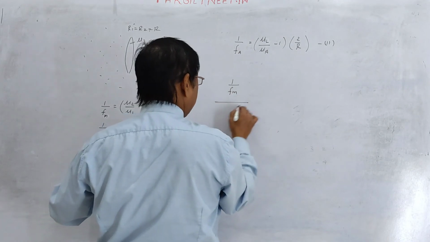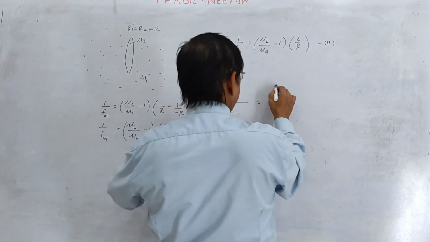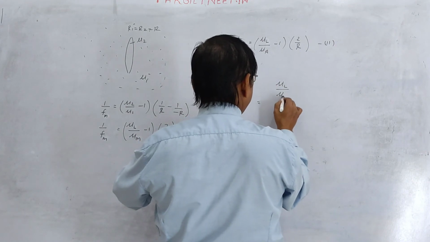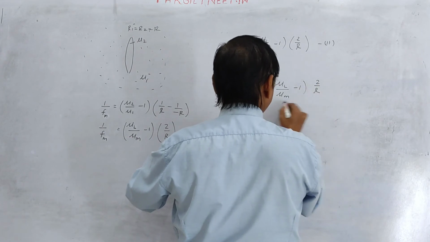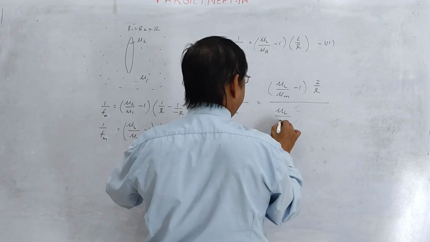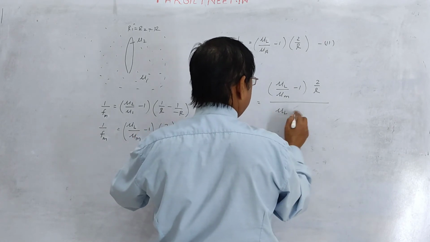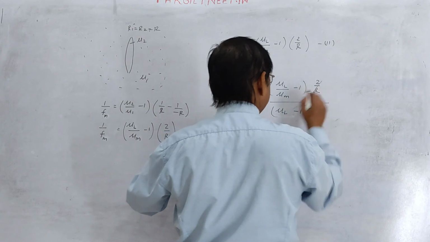So if I divide this equation 1 by equation 2, so I have to write like this: focal length in medium upon 1 upon focal length in air is equal to mu lens upon mu medium minus 1, 2 upon R divided by mu lens upon air, that is 1 minus 1, 2 by R. So this 2 by R cancel.